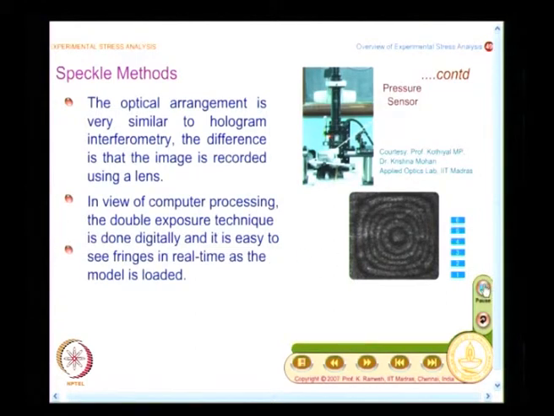And what you have here is, all these modern techniques, they employ computers. Because of computer processing, the double exposure technique is done digitally. So, initially you store the initial configuration in a file and use it for viewing the deformed configuration, and it is easy to see fringes in real time as the model is loaded.